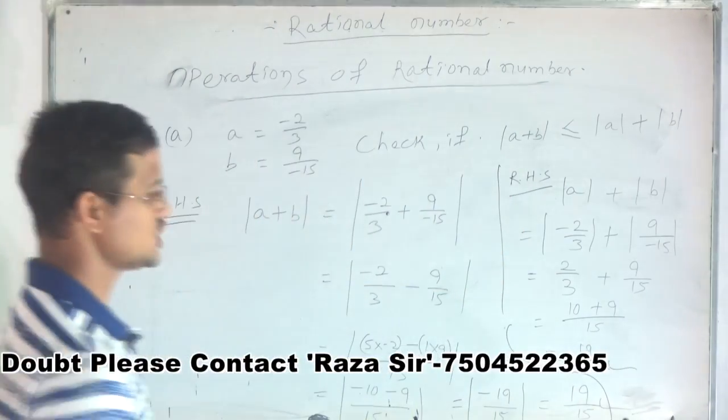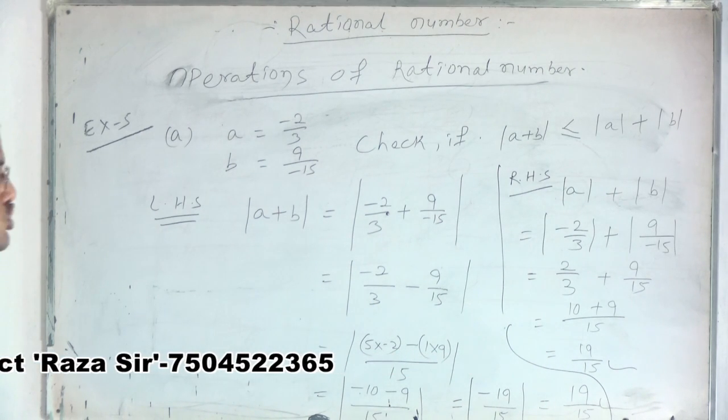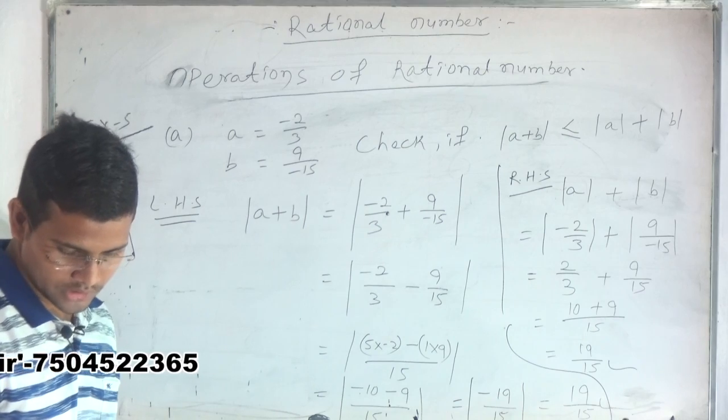Here LHS is 19 by 15, also RHS is 19 by 15.